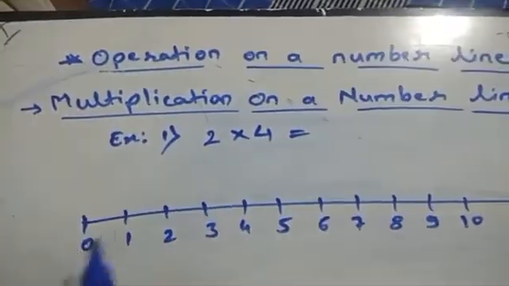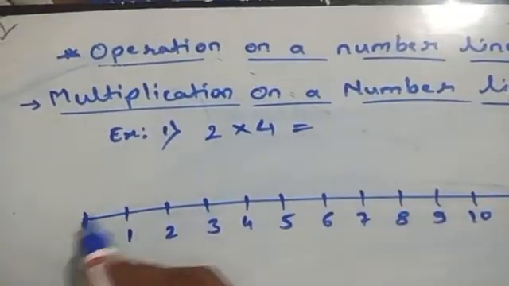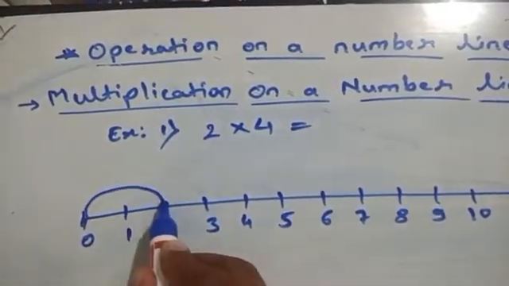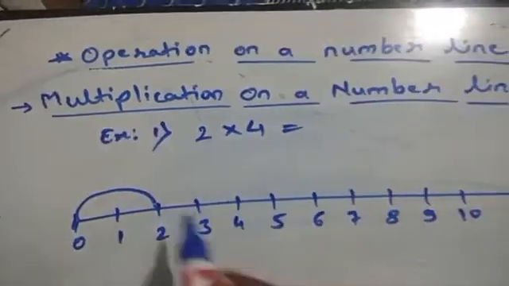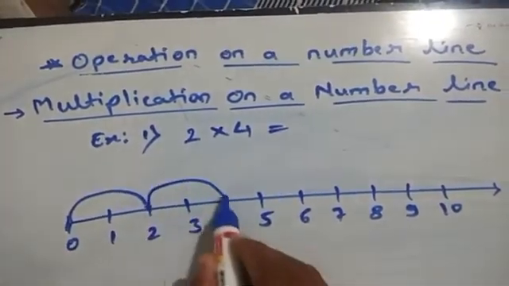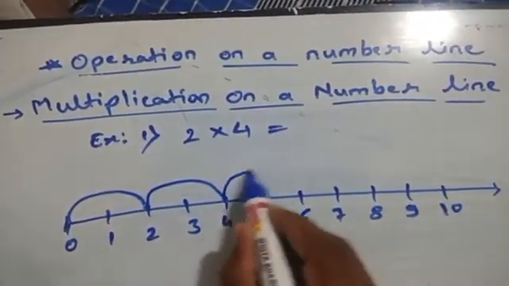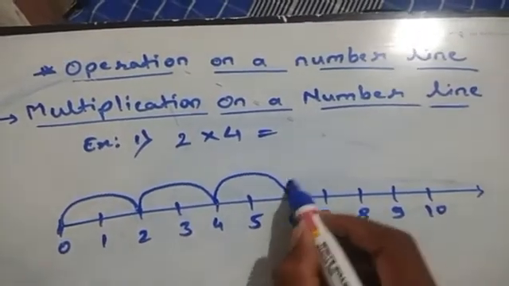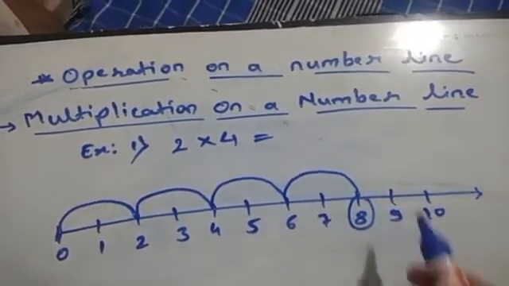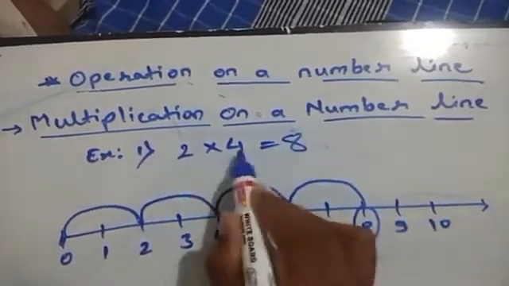So where will we reach, we will see that. Start from 0, make one jump of 2, like that. How many jumps do we have to make? 4 jumps. One jump of 2 units, second jump, third jump, fourth jump. So where do we reach? At 8. And we know that 2 fours are 8.